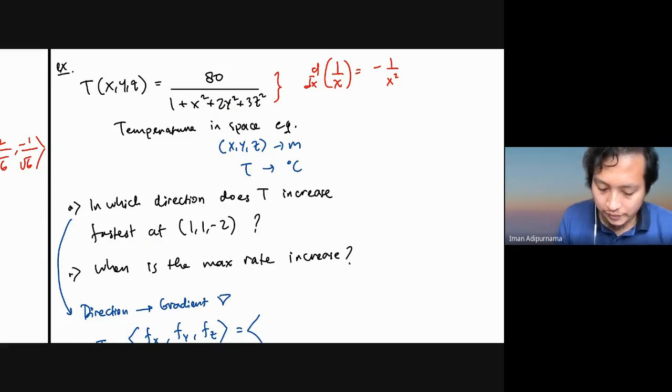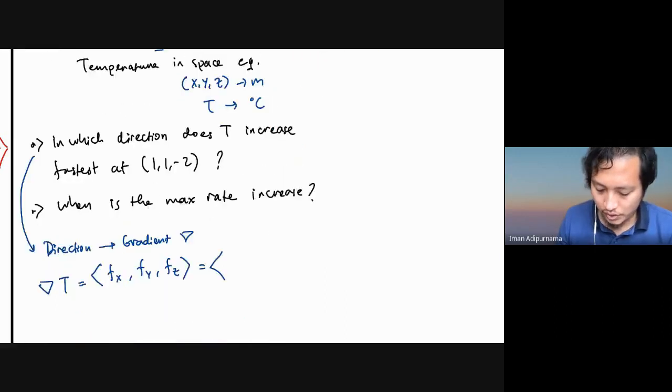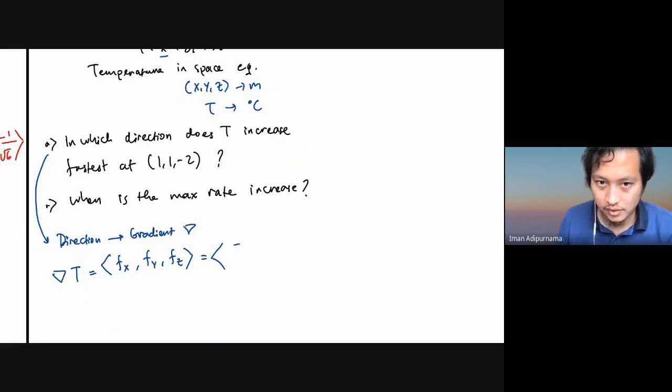Okay, now we have x squared here. Based on the chain rule, it will be 2x, right? So we are giving negative first, giving 2x, and then multiply with 80, and divide by all the terms, and then squared.